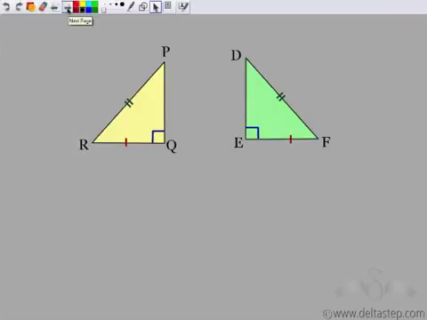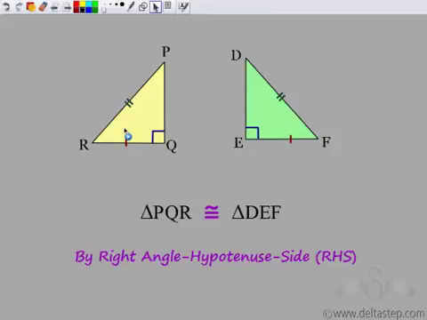Now in right triangles, there is this special case. If the hypotenuse is the same, hypotenuse here is PR, hypotenuse here is DF, and apart from the hypotenuse, there is one more side that is same. I have RQ which is equal to EF. Then I can say that the triangles are congruent by right angle, hypotenuse, side, which is RHS. It holds true only in right triangles.